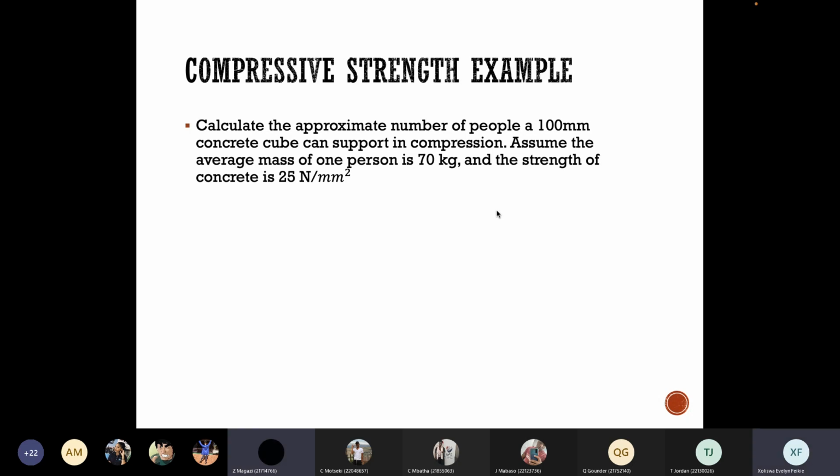Okay, no problem. While he's fixing his problem, is there anyone who wants to say something regarding the question on the slide? I got 364 people. You got how many? 364 people. That's the same answer I got, but you have not converted.